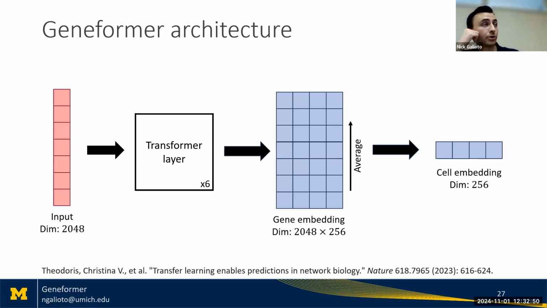And what we're specifically interested in is the cell embedding. You get this just by averaging across all of the rows, and then you get a 256-dimensional embedding that we hope will encode all of the information that will be useful for detecting whether or not cell reprogramming is successful, or all of the distinguishing qualities of different cells.